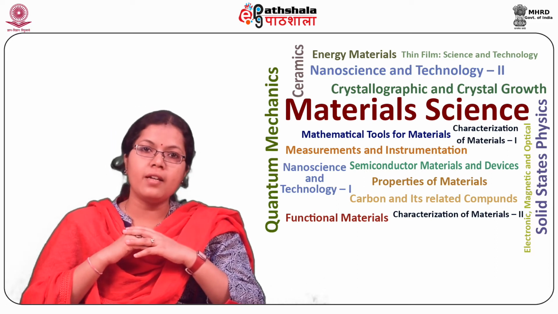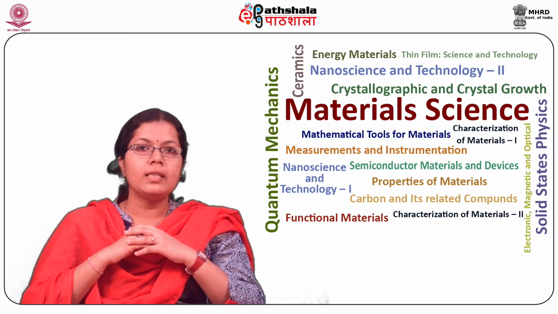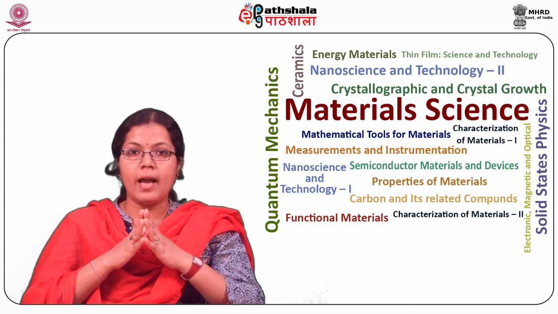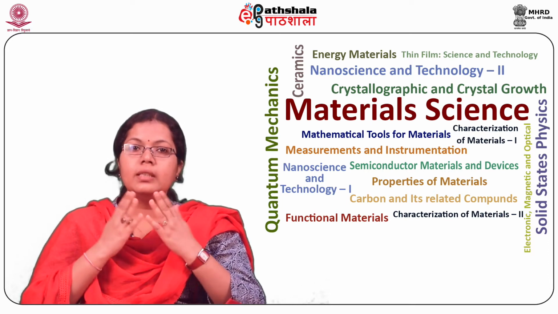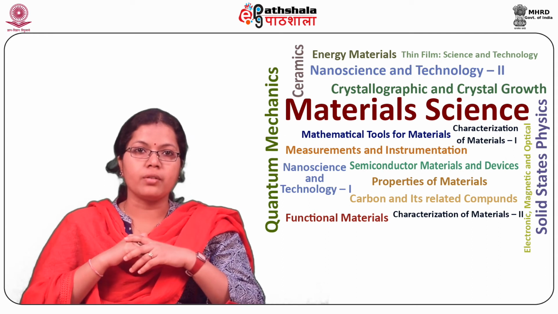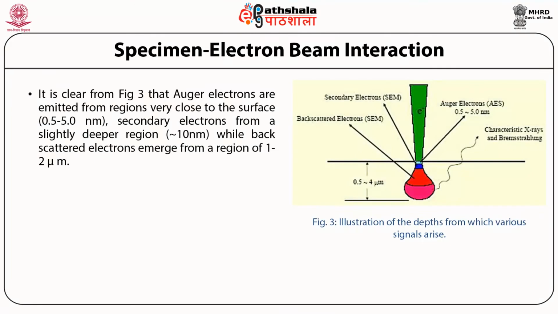The higher the energy of the electrons and the atomic number of the atoms in the sample, the greater is the penetration. It is clear from figure 3 that Auger electrons are emitted from regions very close to the surface, that is 0.5 to 5 nanometer.